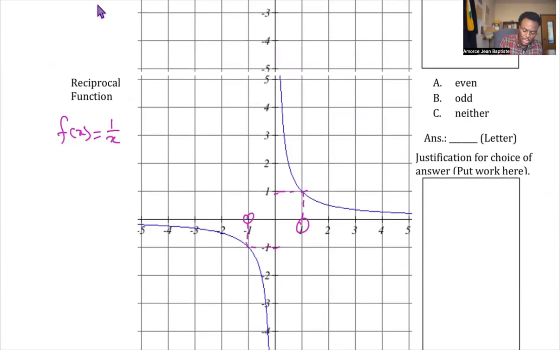So that means f of -1 equals -1, which is negative f of 1, right? Because f of 1 equals 1. So we get the fact that f is odd.